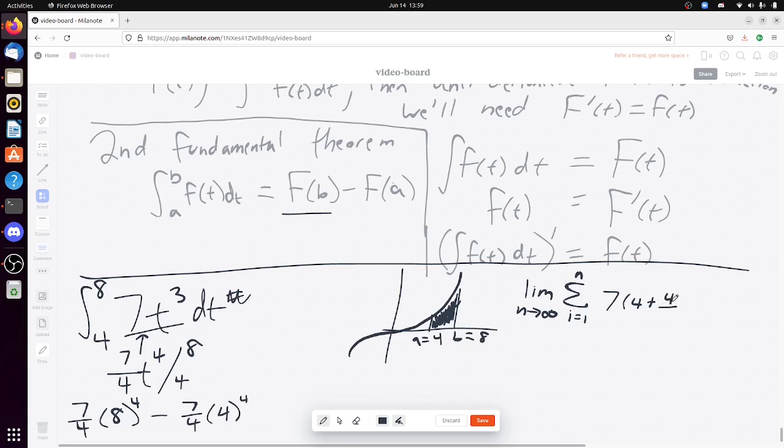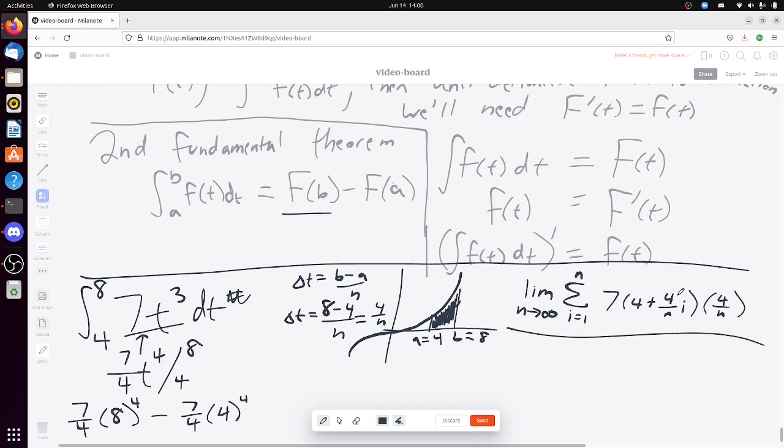That's b minus a, 8 minus 4. Remember, delta t equals b minus a over n. So delta t in this case would be 8 minus 4 over n, or 4 over n. So plus 4 over n times i, times 4 over n.